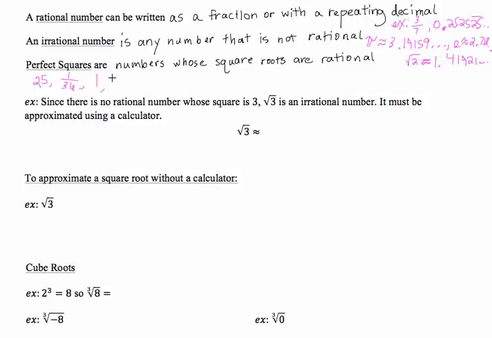You get the idea. You could actually list all of the whole numbers out that are perfect squares. 1 squared, 2 squared, 3 squared is 9, 4 squared is 16, 5 squared is 25, and you can go on like that. So those are all perfect square numbers.